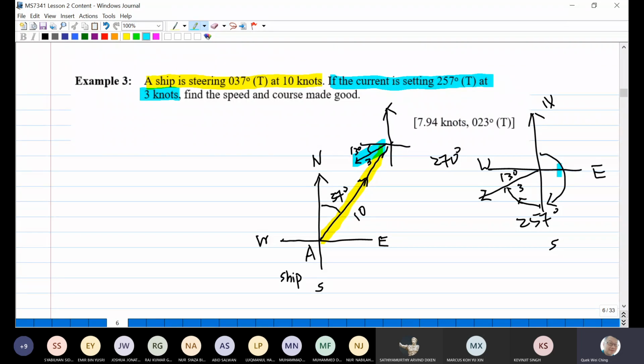What is happening is, we want to find the speed and the course made good. I can use a quick color now.